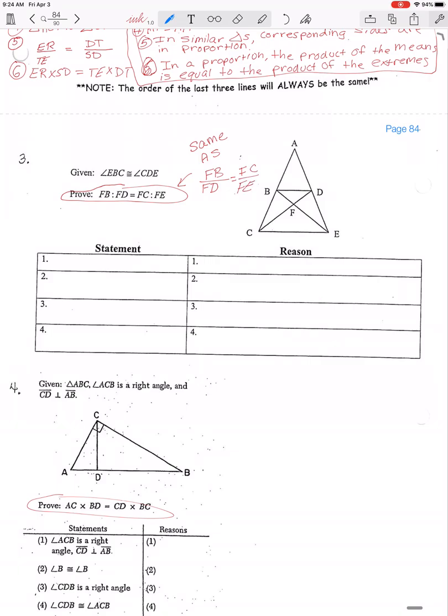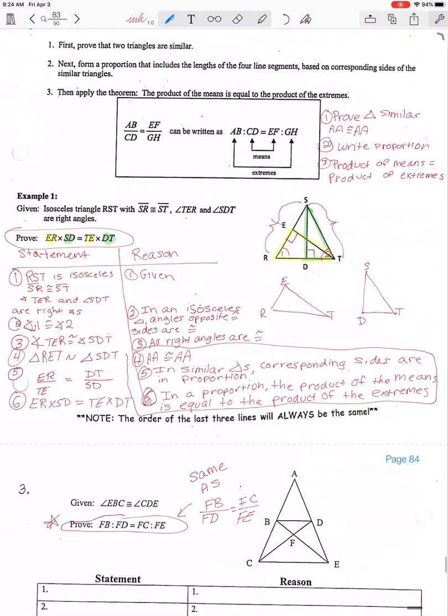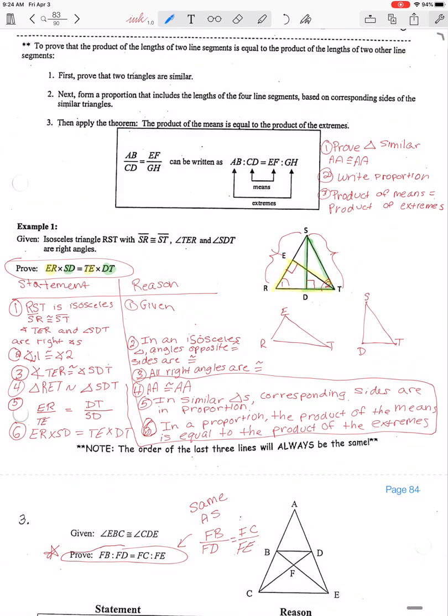So really you're just proving that in similar triangles, corresponding sides are in proportion. You're not putting on that last step because we're not multiplying anything. This is just another way to write a proportion. So just keep that in mind, that this right here is different than here, right here. Okay? So really, that's the only new thing for today. We're just adding on that product of the means is equal to the product of the extremes.